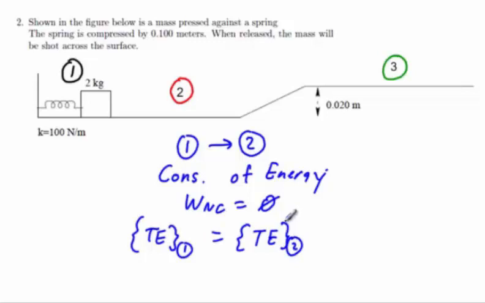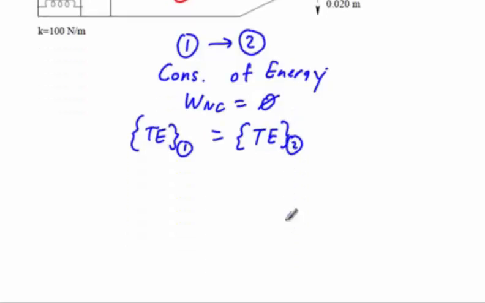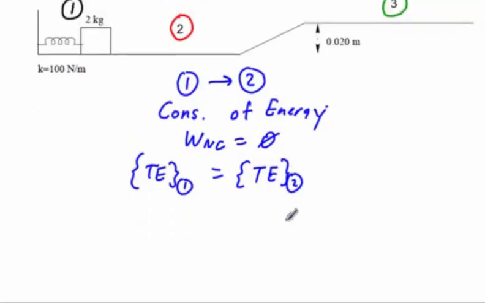The recipe that we follow in formulating a conservation of energy solution is then to list all of the energies at each location. And I like to be really explicit. I like to put in a term of 0 even for those energies that aren't present at a particular moment. So let's focus for a moment at moment 1.